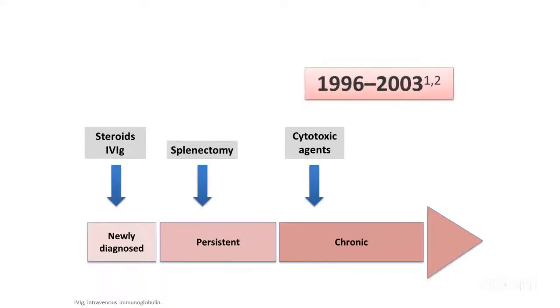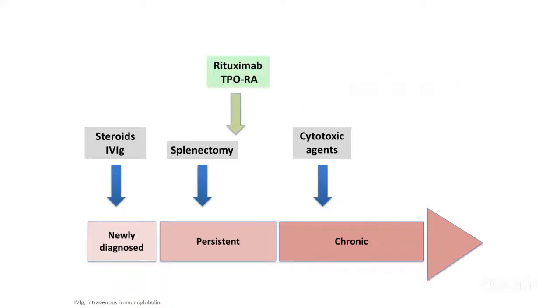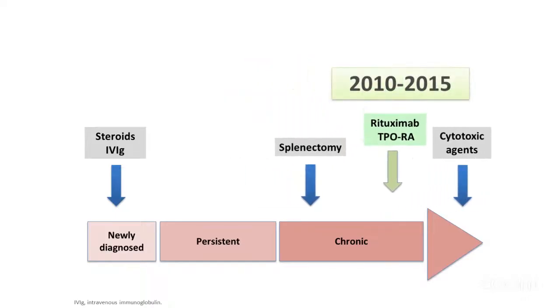Now, 1996 to 2003, newly diagnosed patients were given IVIG and steroids, then splenectomy, and in chronic cases, cytotoxic agents. And from 2015 onwards, after the splenectomy, you can use rituximab and eltrombopag or other TPO receptor agonists, and also the cytotoxic drugs.